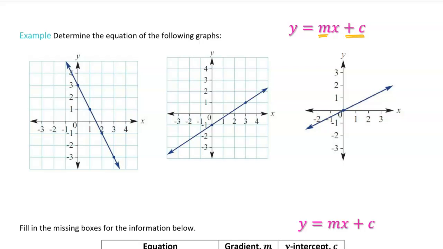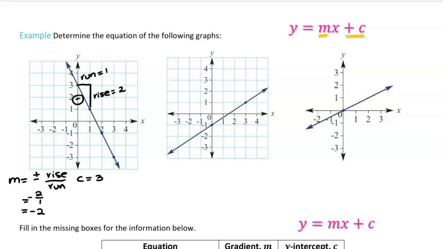So with this graph here, checking our axes, this has a run of 1, a rise of 2, and it's a negative line. So that means m is going to be plus or minus rise over run. So rise of 2, run of 1, and it's negative. So m is negative 2. C is going through 3 here.